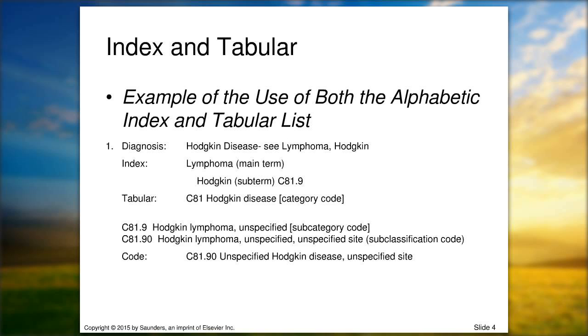Now we want unspecified, and we go down to C81.90. Hodgkin lymphoma, unspecified, unspecified site. In this example, this is the most appropriate code to use, because if you look at the rest of them, you will notice that it is unspecified, but it indicates an area on the body.